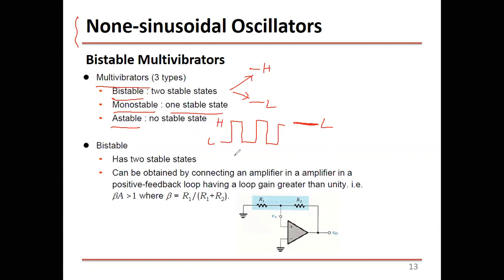Okay, so this is the difference between the three multivibrators. Of course, the first two are not continuous oscillators, but we add them to the category. So let's first study the bistable, and then we'll study the astable.